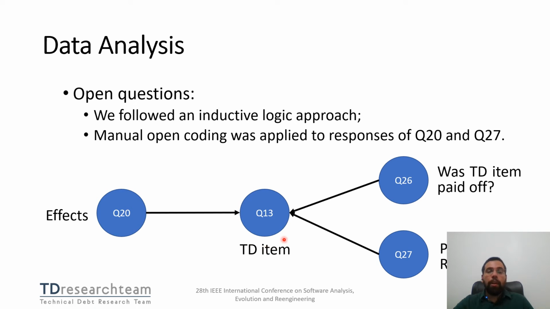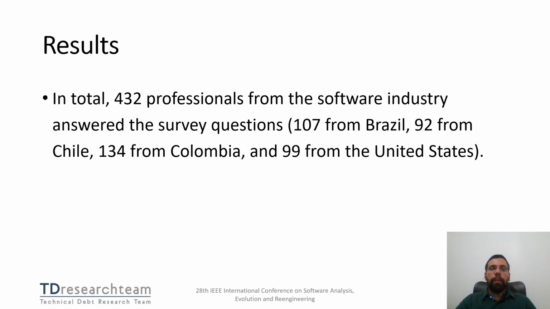As you can see, the questions about the effects and TD payment were responded using question 13 as the context. In total, 432 professionals from the software industry answered the survey questions.